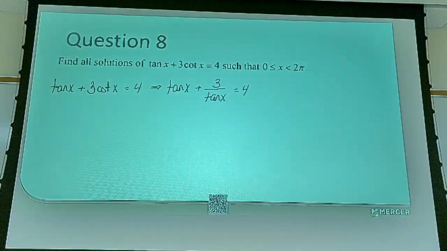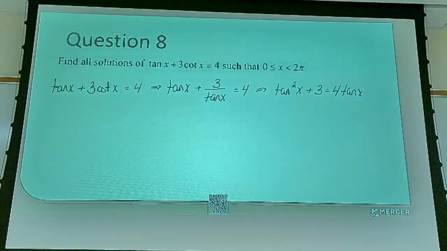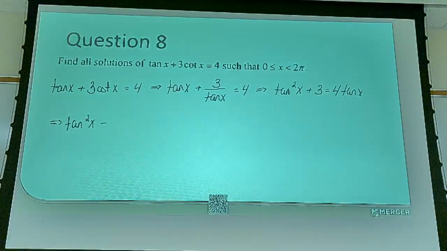Then multiply through by tangent, right? Then once we rearrange, get everything on the one side, tangent squared of x minus 4 tangent of x plus 3 equals 0.